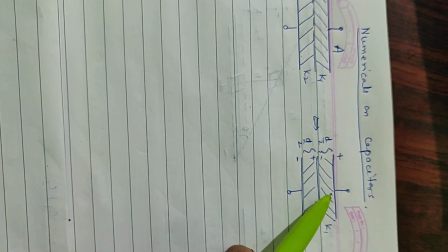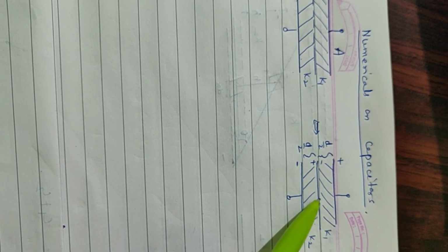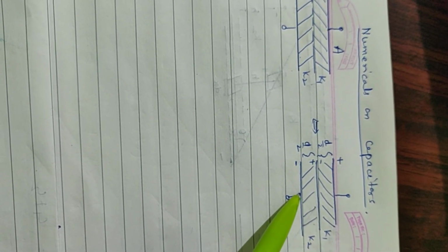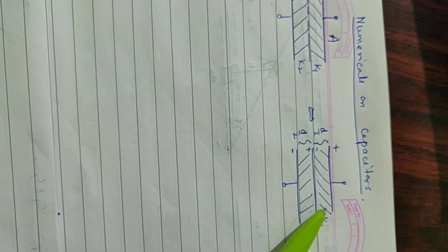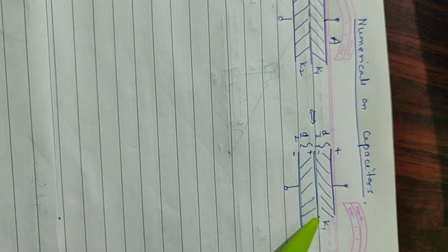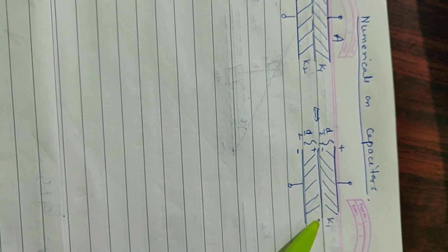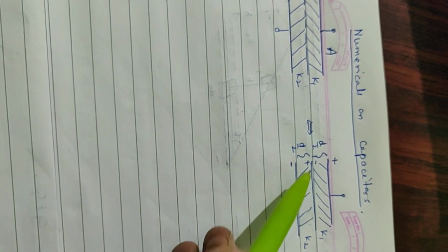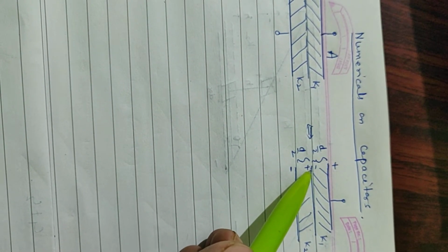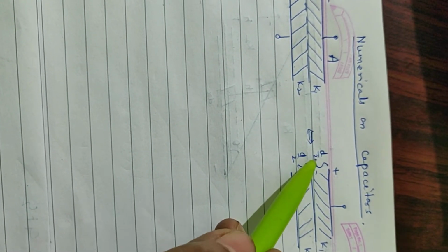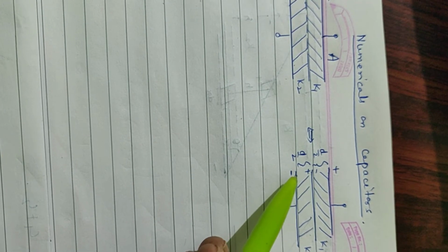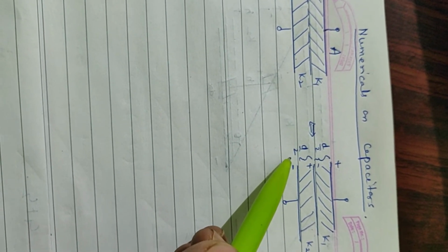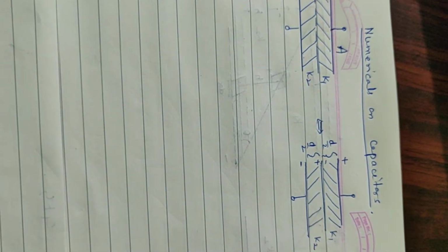So now it is equivalent to two capacitors connected together, one filled with a dielectric of constant K1 and the other with a dielectric constant K2. The separation between the plates of the first capacitor is d by 2, and the separation of the plates of the second capacitor is also d by 2, and there is no change in the cross section area.